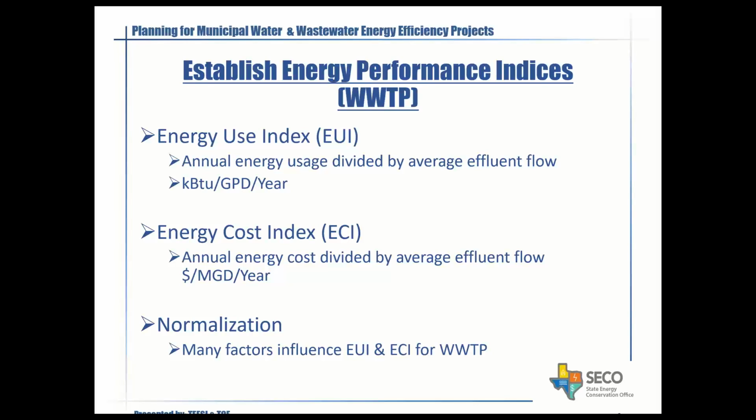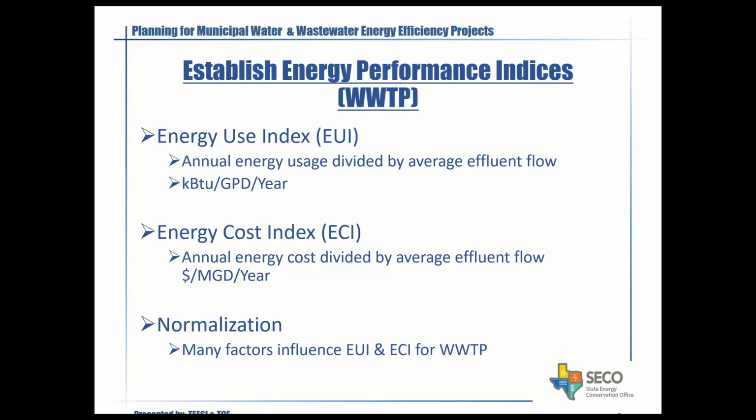For the water wastewater plants, it is not very easy to compare one plant with another. There are many factors that influence the EUI and ECI for water wastewater plants, such as the flow, the type of treatment system you have, and many other factors.